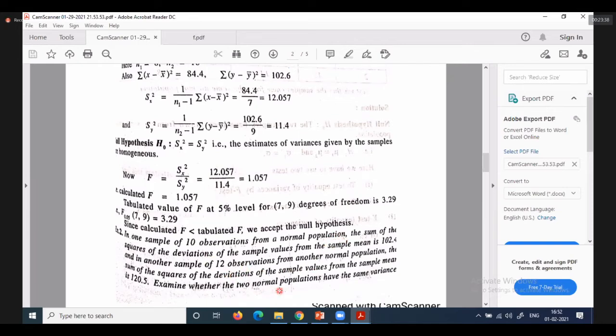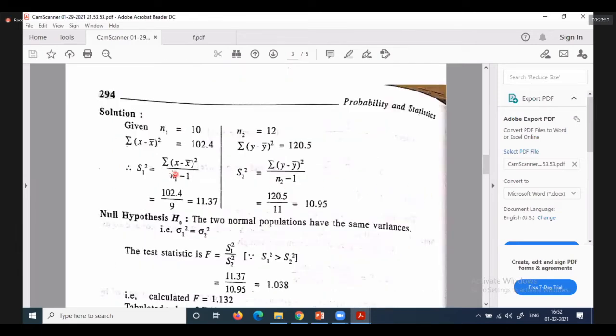They are discussing the variance and the sample sizes are small, so we'll use the F test. Now see the solution part.